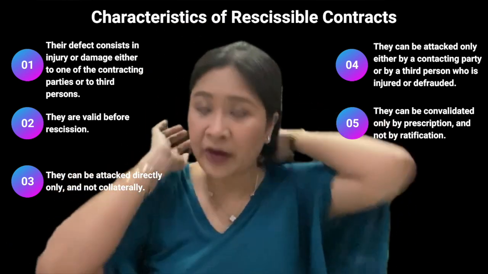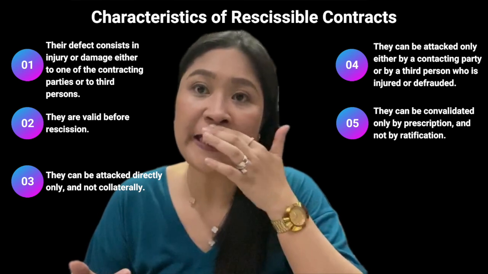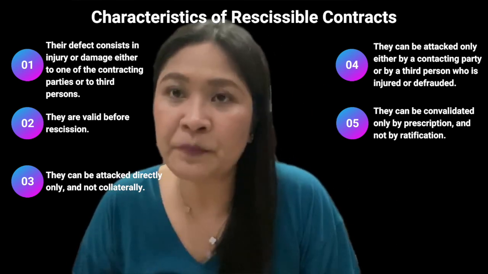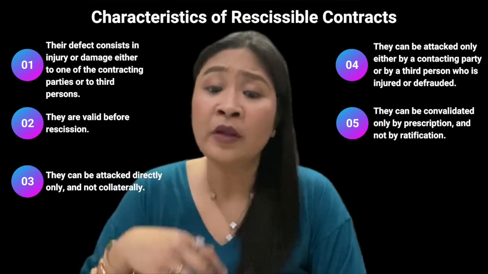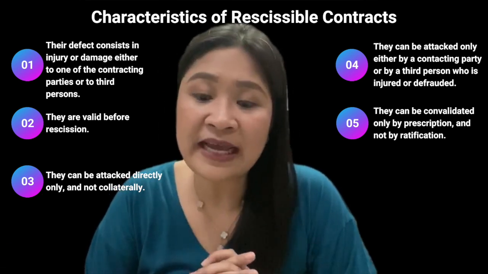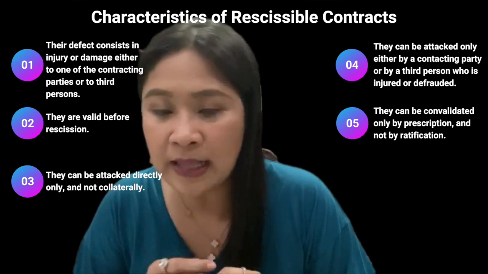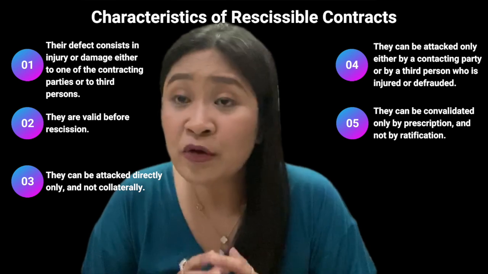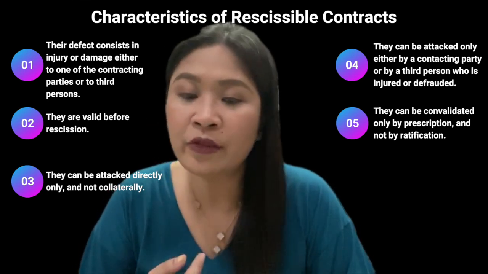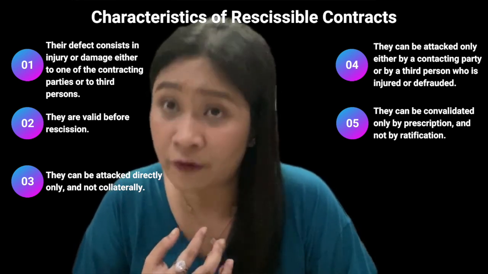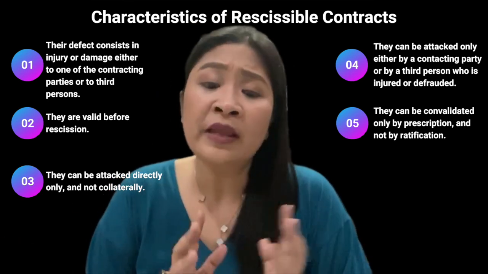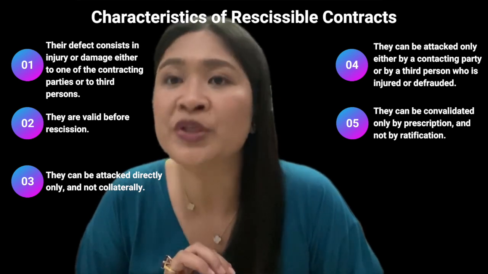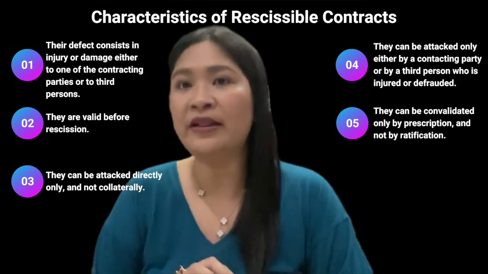Second characteristic, we've also mentioned this, is that this is a contract that is valid before it is rescinded. Third, they can be attacked directly only and not collaterally. Fourth, they can be attacked either by a contracting party, as we mentioned, or by a third person who is injured or defrauded. Again, we mentioned that already. Fifth, they can be convalidated only by prescription, not by ratification.